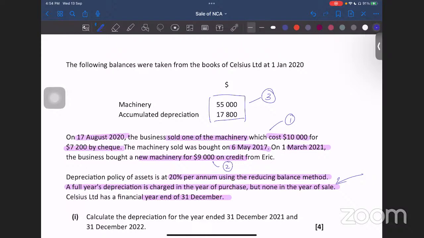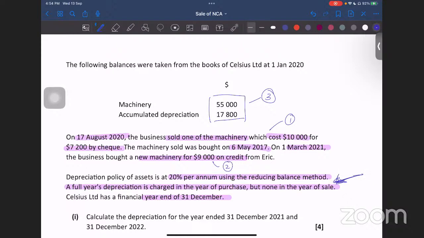Let's say my year end here is December, and I only bought it in October, so I only use it for 3 months. Although I only use it for 3 months, I will still count the whole full year depreciation. If this sentence were not to appear here, then I will need to prorate.